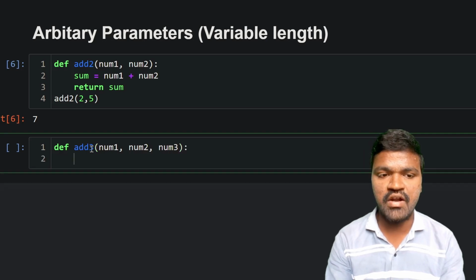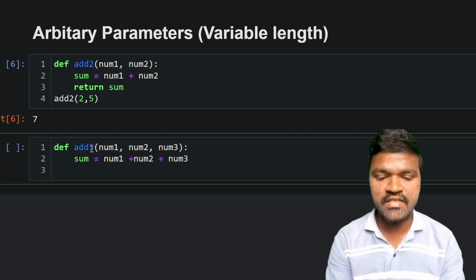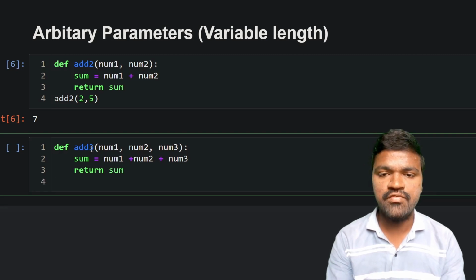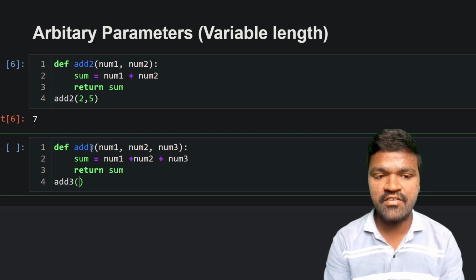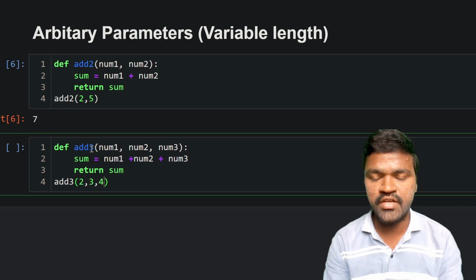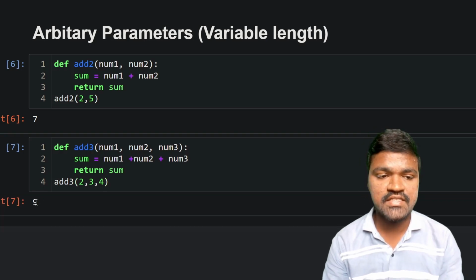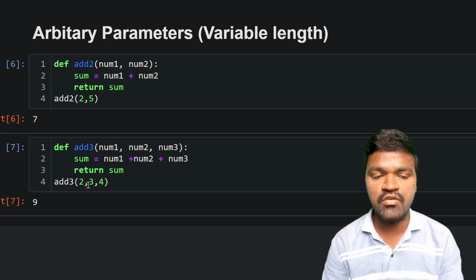In this function, I make this sum of num1 plus num2 and num3, and I return this sum. Now if I call this add3 and pass 2, 3, 4 and execute this, it is working exactly fine when we have three arguments.